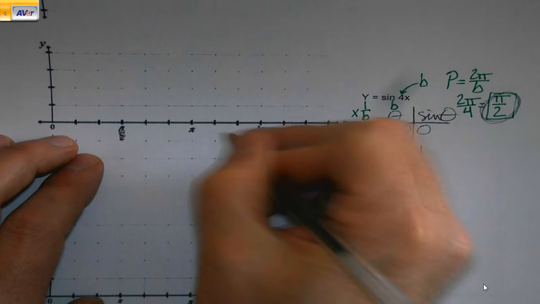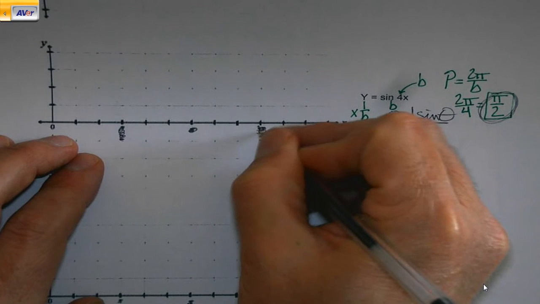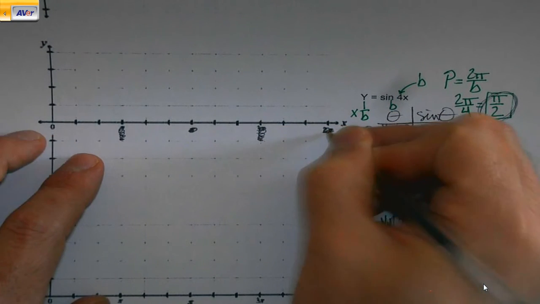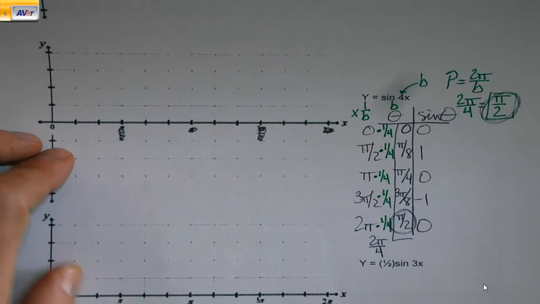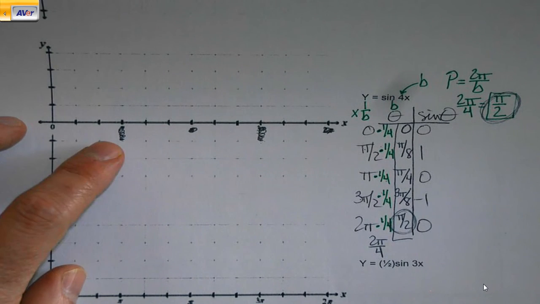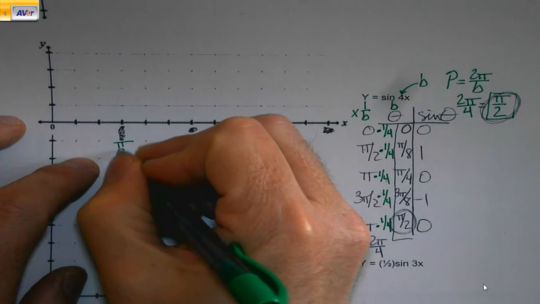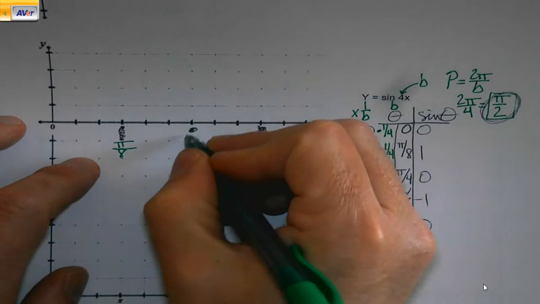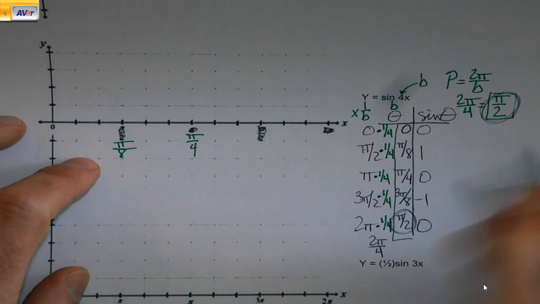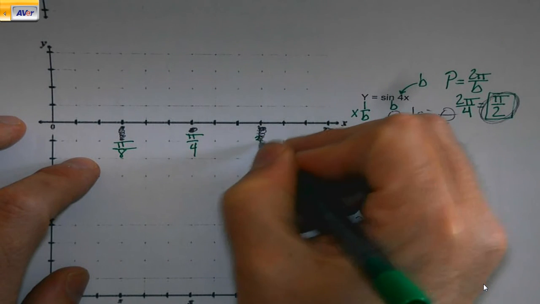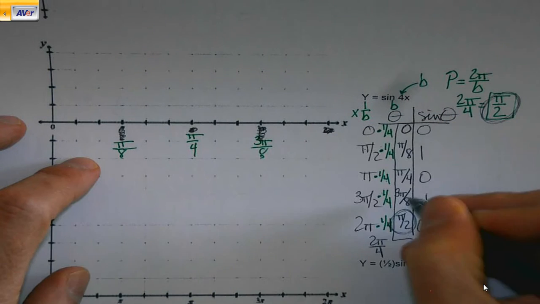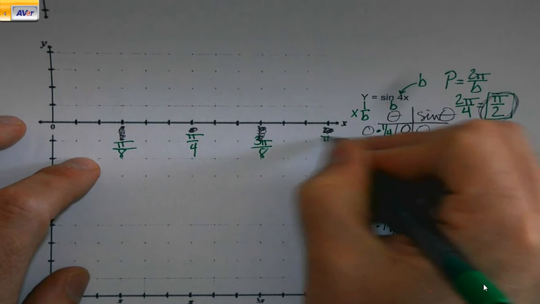If your values change here, we're just going to scratch these out. I tried to find something that were blank, but I wasn't having good success with that. So we're just going to replace them with these: pi over 8, pi over 4, 3 pi over 8, pi over 2.